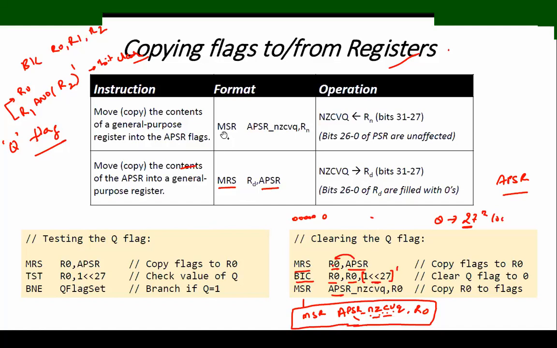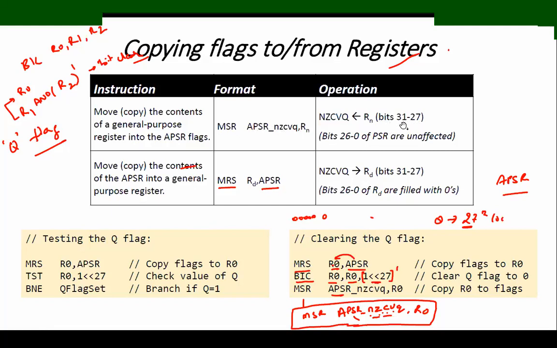We use the format called MSR: N, that is negative, Z, carry, overflow, Q. So values of the register are moved to the flags. This is the format. So what is happening here? Rn is nothing but the bits from 27 to 31.